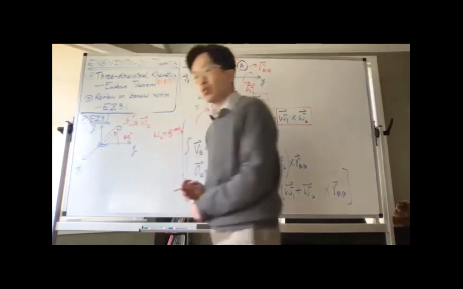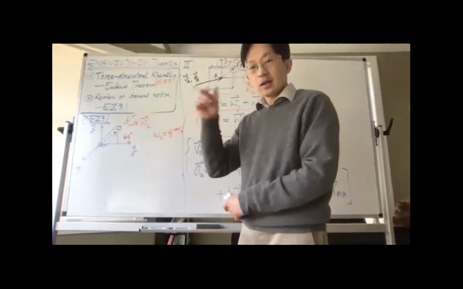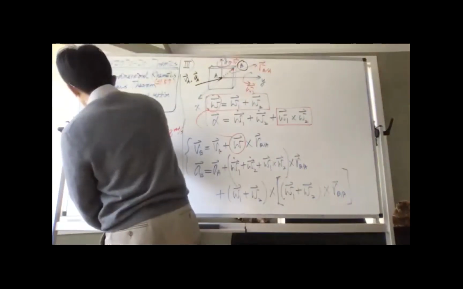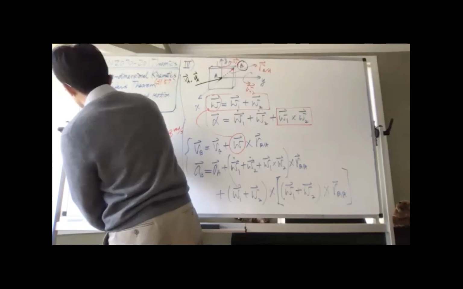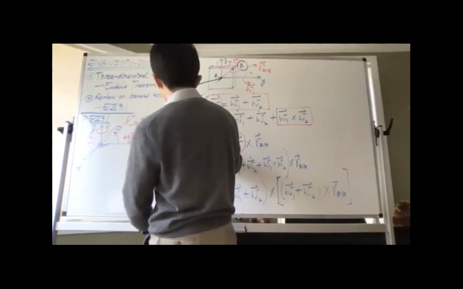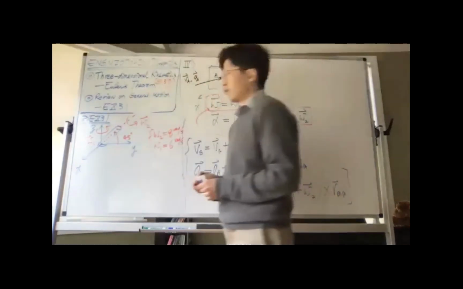And omega 1 is what? Omega 1 is the angular motion or angular velocity of the reference frame. So this is omega 1, and the value of omega 1 is 6 radians per second. You're provided with these two.